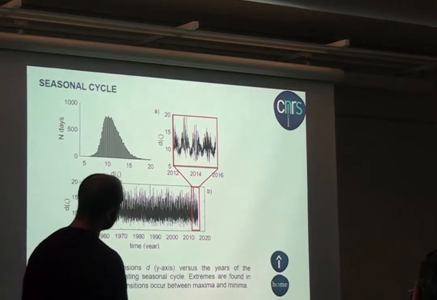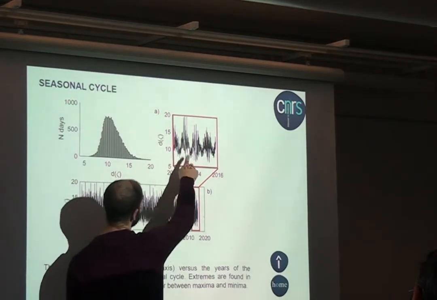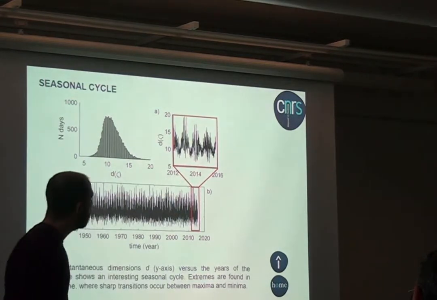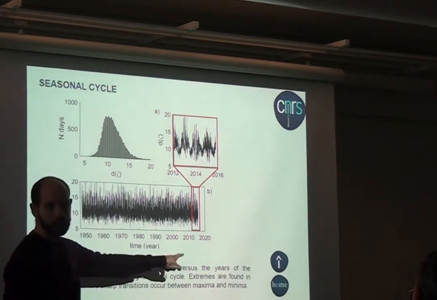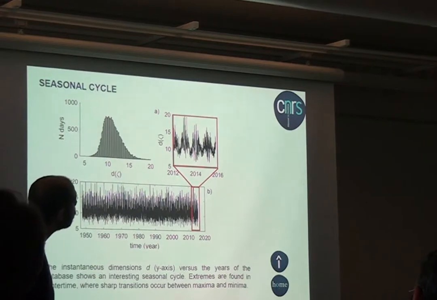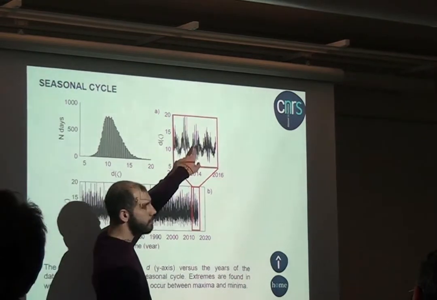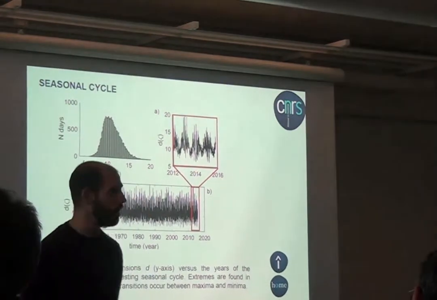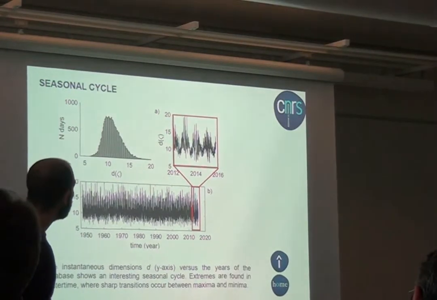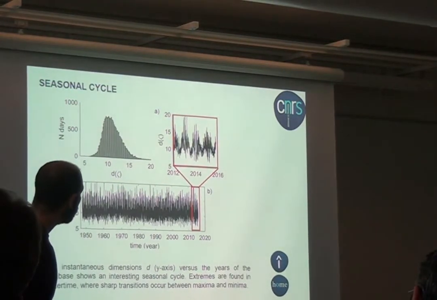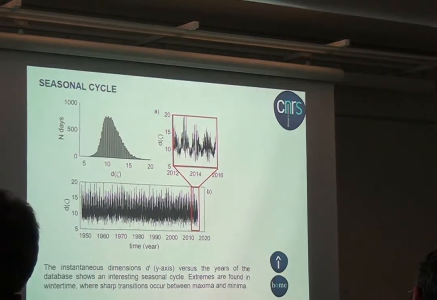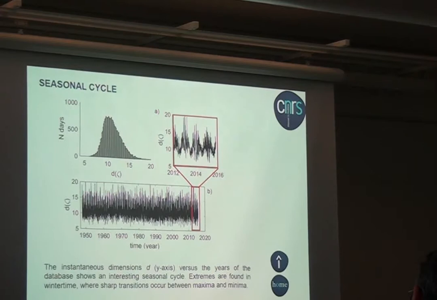What we see is that we get a seasonality in the dimension if we look at the time series. What is interesting is that the spikes occur mostly in winter. We will look at the extremes to see what these spikes are that we observe in this indicator.